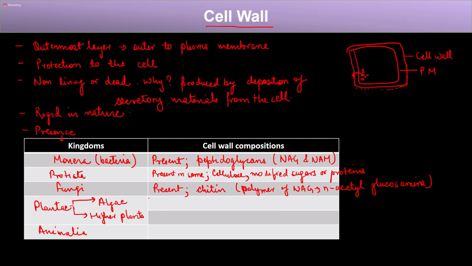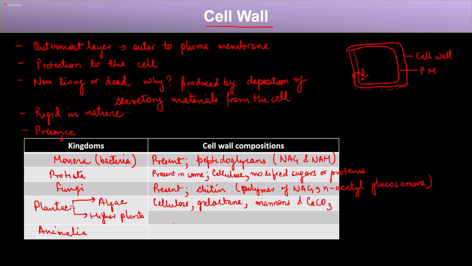So if you talk about the algae, the cell wall is made up of cellulose, galactans, mannans, and calcium carbonate.